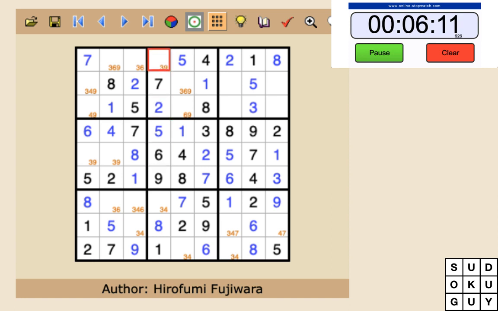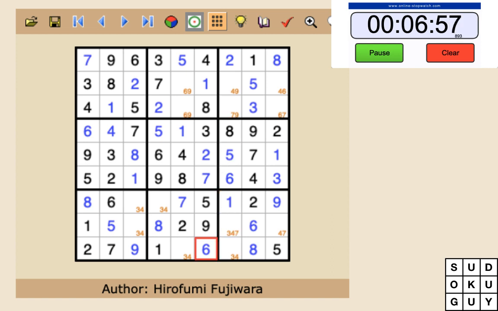Okay, we have a 9 in this column. We can figure some stuff out. Okay, I'm full on pencil marks.